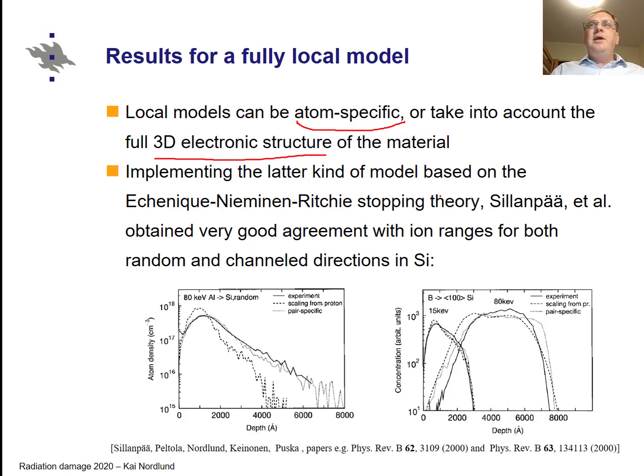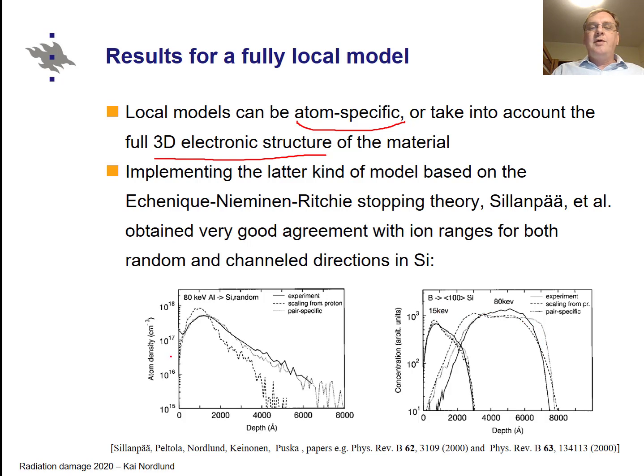Now it starts to be rather specific, so we won't go into any additional detail on this local model, but I'll just mention that in our group some 20 years ago, there were PhD students who did a couple of PhD theses on using one of these local models, and one could in the end basically reproduce the stopping power in channeling directions in all the cases where experiments were available to a fairly good, not perfect, but pretty good accuracy.